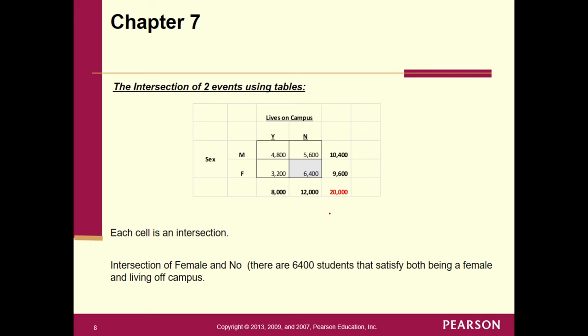So there's 6,400. That's not the probability, that's the number of. That is the intersection, not the probability of the intersection. You can think of it like this: where do they cross? Where does N cross with F? Right here. So there's 6,400 females that live off campus.